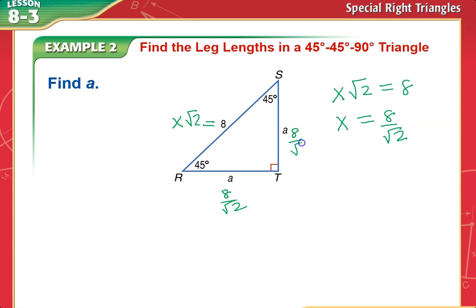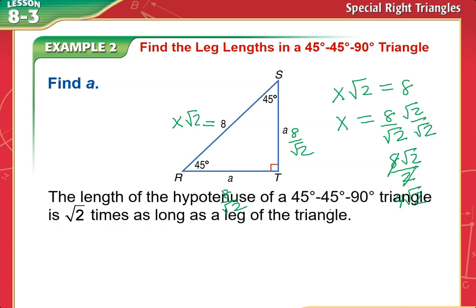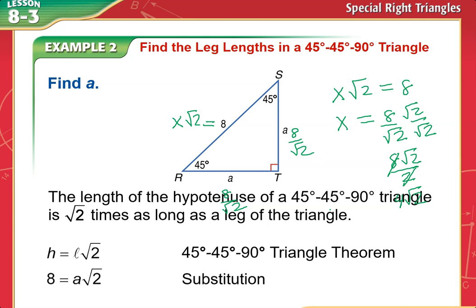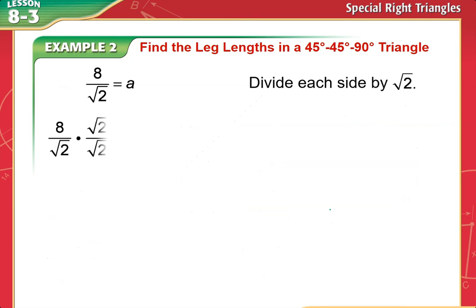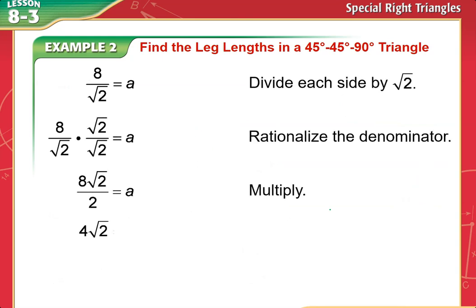Now they're probably going to rationalize this, most likely by multiplying by root 2 over root 2, so I get 8 root 2 over 2, or 4 root 2, because 8 and 2 reduce. So the hypotenuse is root 2 times as long as the leg of the triangle. So we have 8 is equal to a root 2. Good, 4 root 2.